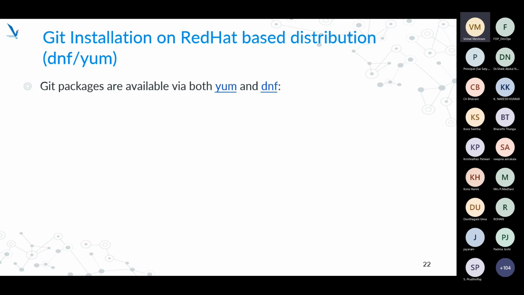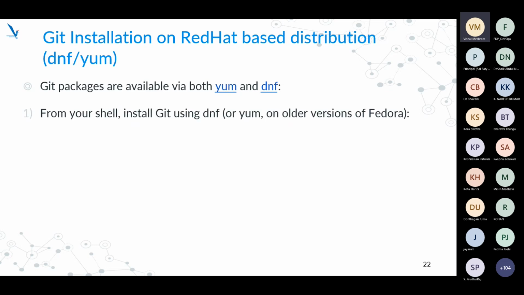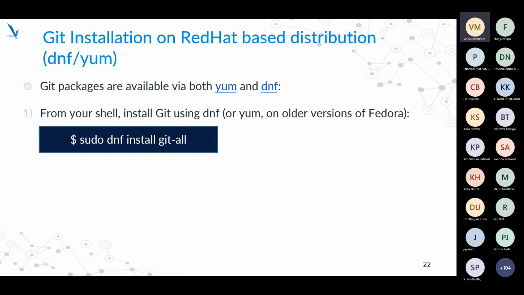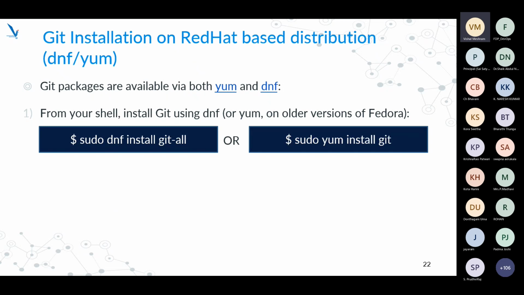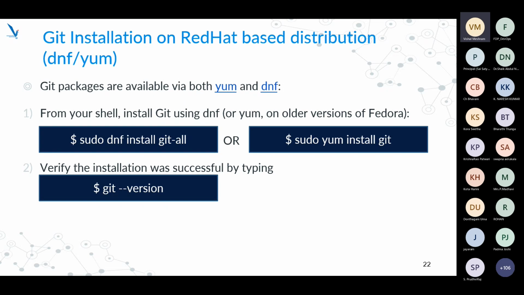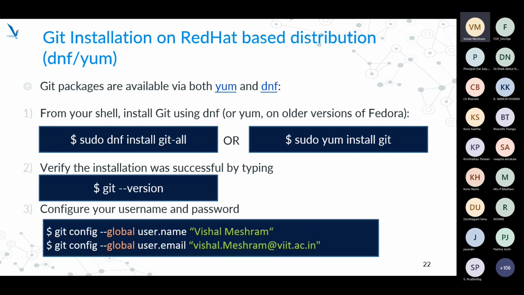First you normally update the Linux machine, and then from your shell you either give this command, sudo dnf install git-all, or you can use the old yum command, okay. So this will install Git on your Red Hat Linux machine, and the remaining is the same. You verify your Git installation, and then you configure your username and email.